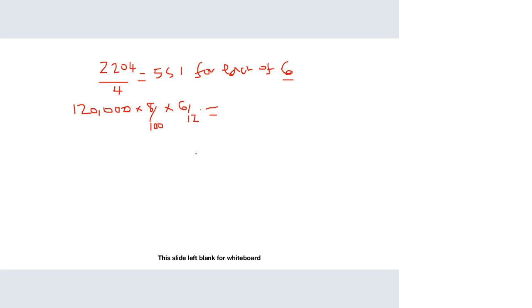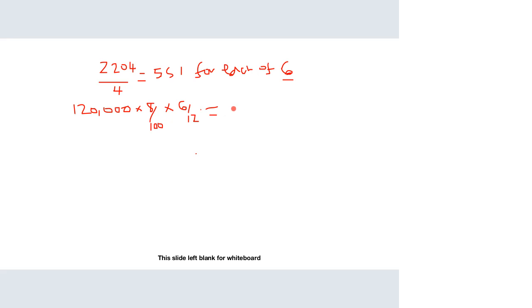If you multiply 120,000 times 8% times 6 out of 12, what will that give us? 120,000 times 8 over 100 times 6 out of 12 gives 4,800.